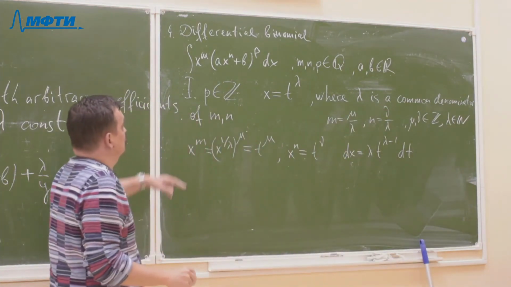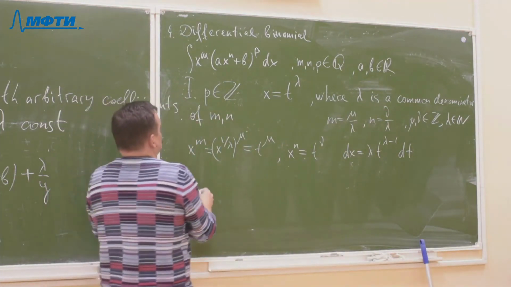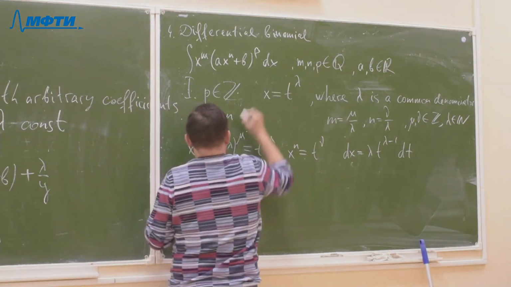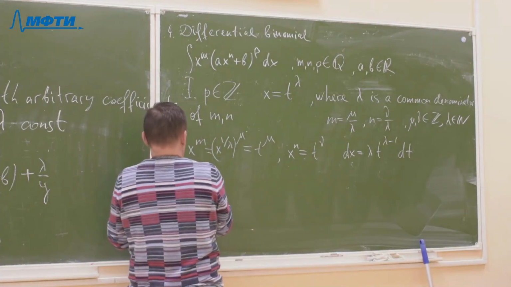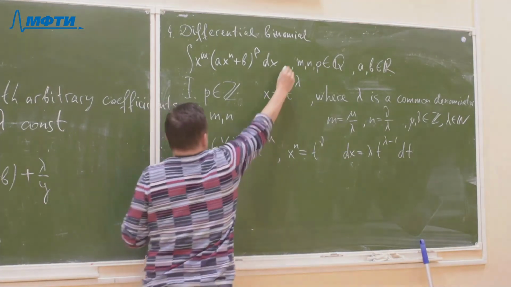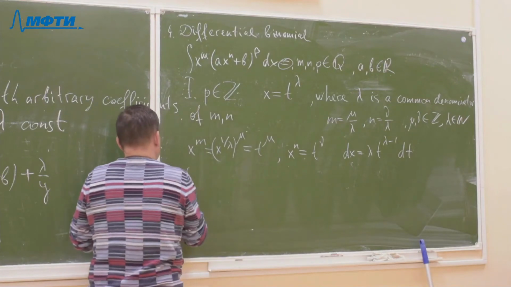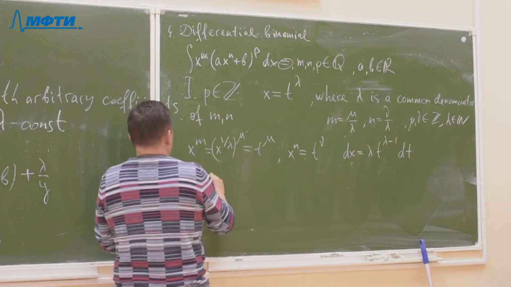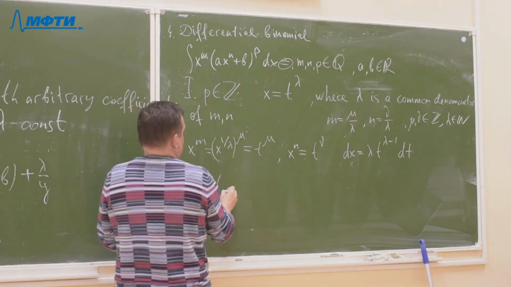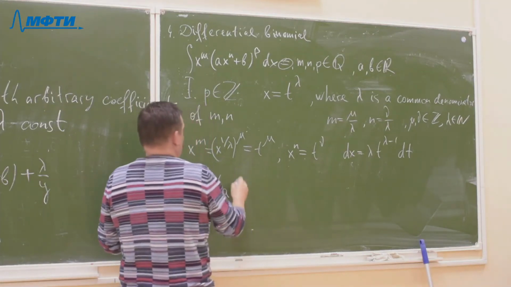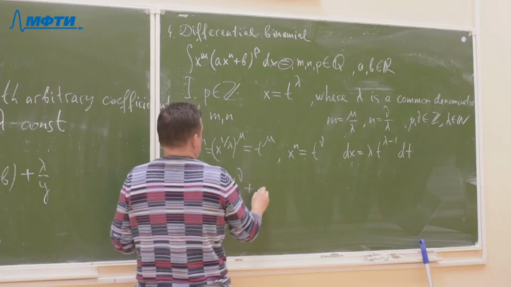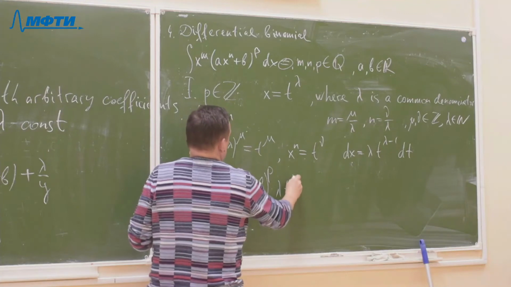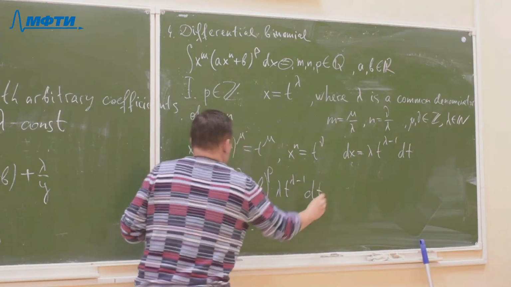If we substitute everything, our integral becomes: t to the power mu times (a t to the power nu plus b) to the power p, times lambda t to the power lambda minus 1 dt.